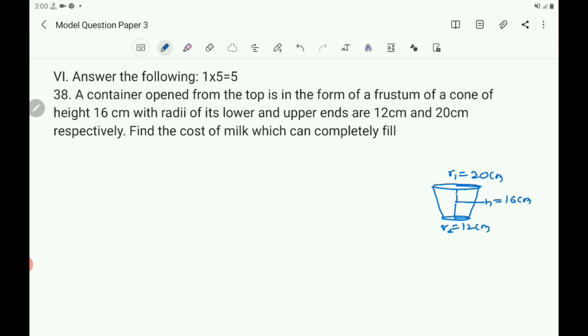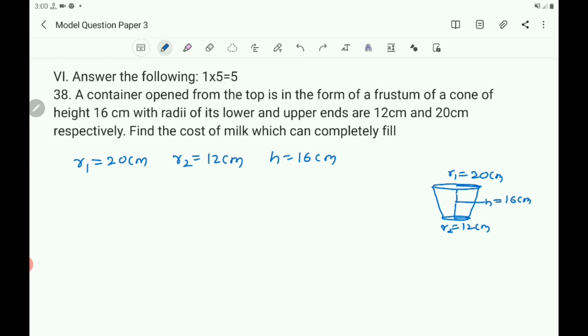Write R1, the greater one, the upper radius, 20 cm, and R2, the smaller lower radius, 12 cm, and the height is given as 16 cm. This container is in the shape of a frustum of a cone, open from the top, meaning the upper portion is open.